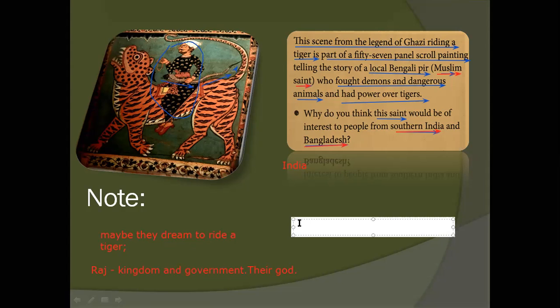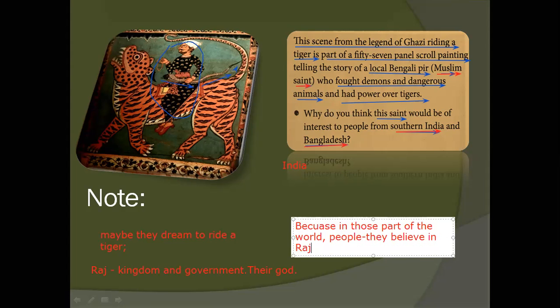So basically, let's put it in a sentence. In those parts of the world, people believe in Raj, which is their God, their religious God to worship.